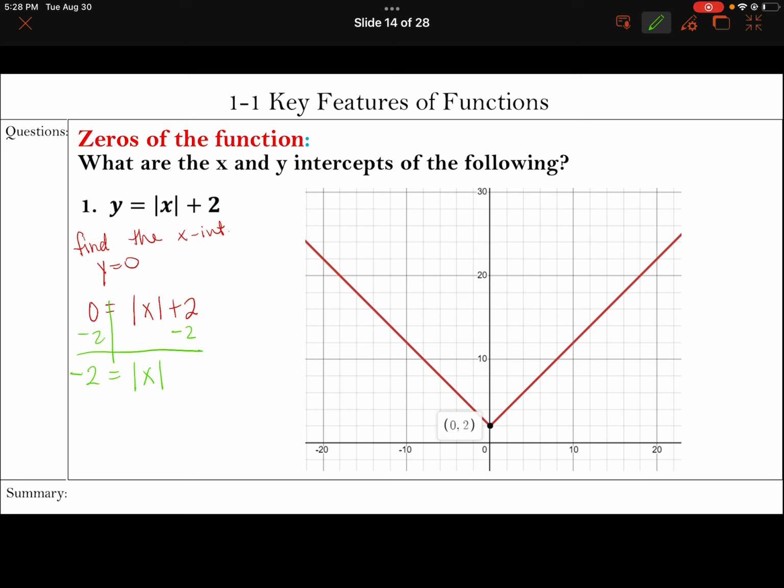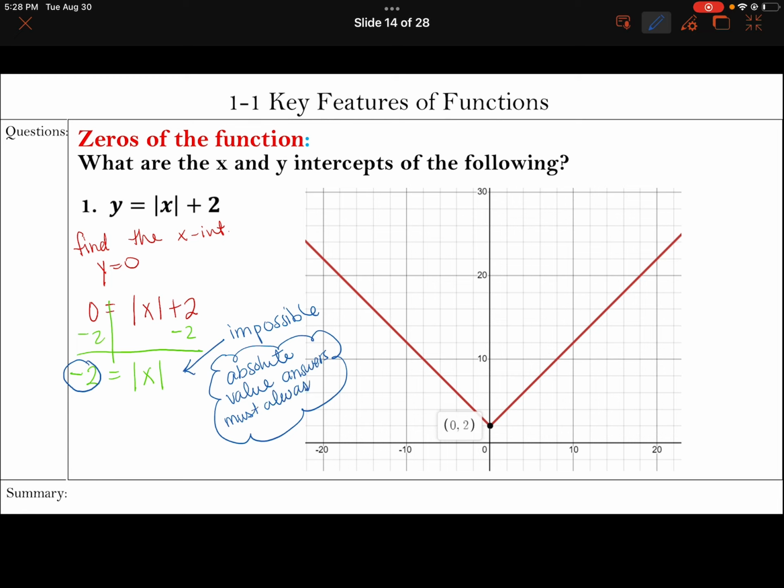Now, is this possible? Ask yourself, is this possible? Are there any values of x where the answer is negative? So, impossible. No such thing. Remember, absolute value answers must always be positive.